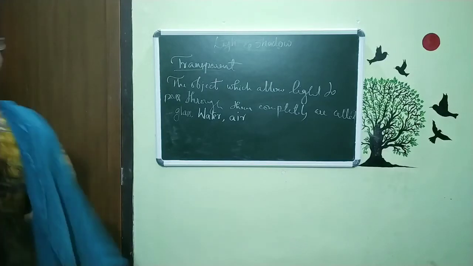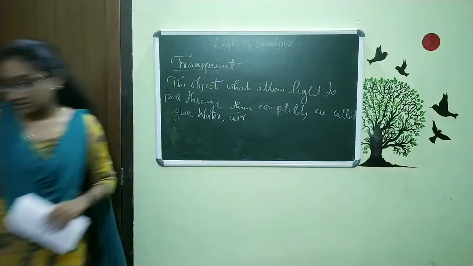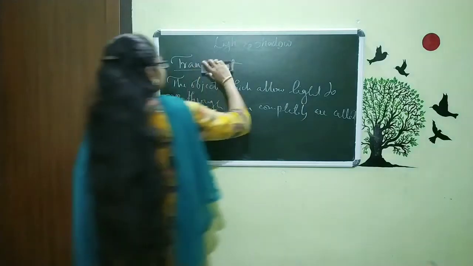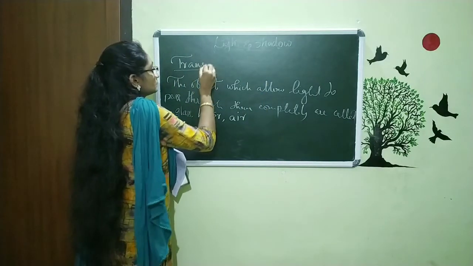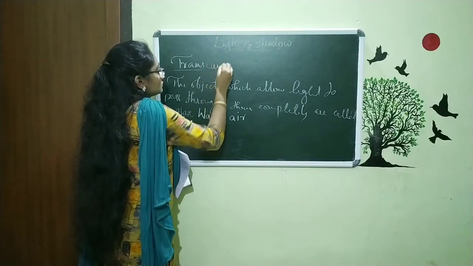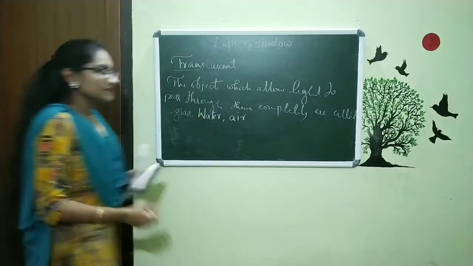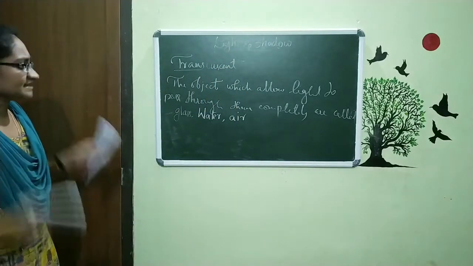And the second one is this translucent material. Translucent objects or translucent materials.